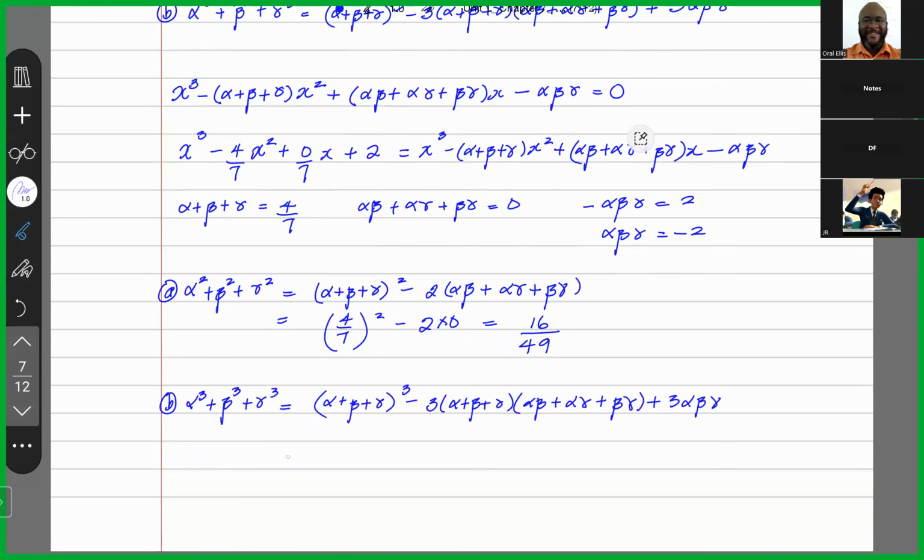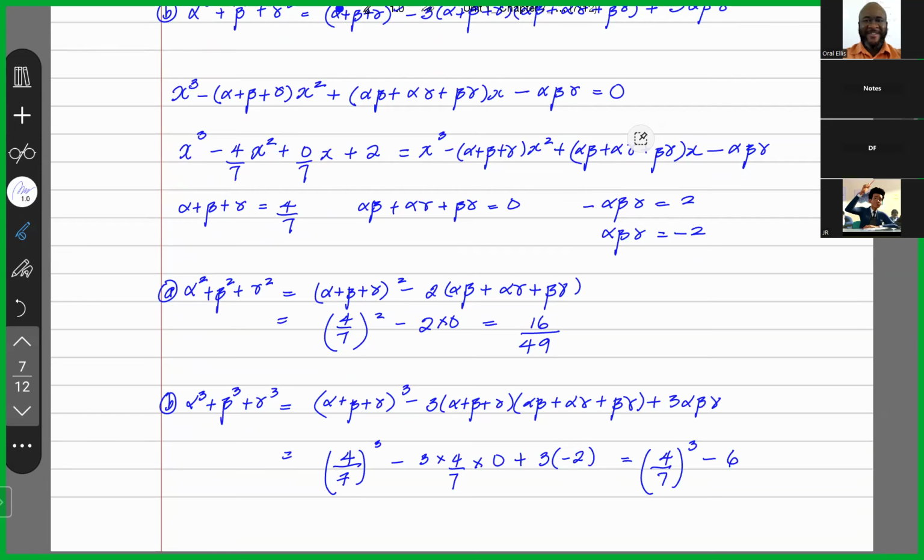Putting in our values, we're going to get (4 over 7) cubed minus 3 times 4 over 7 times 0 plus 3 times alpha beta gamma.